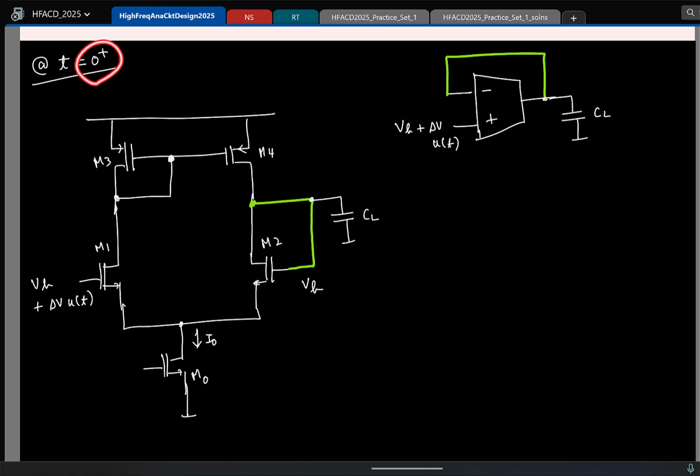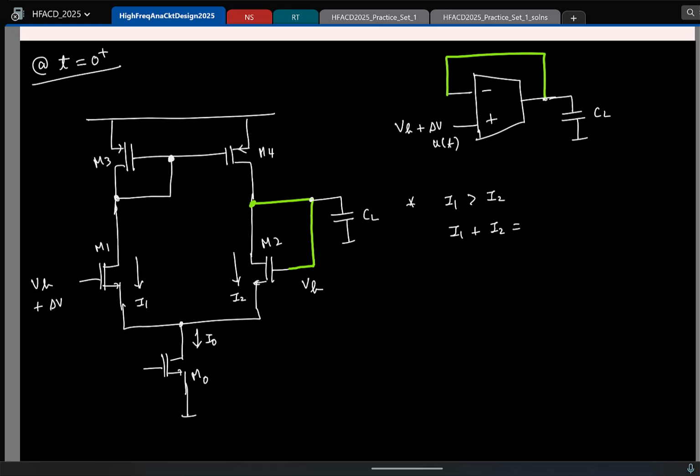Okay, at 0 plus, what is U of t? The unit step, 1. So I'll basically erase this. So now you look at this. M1 has a gate voltage VB plus delta V at 0 plus. M2 has a gate voltage VB. So which of the two currents will be larger? If I call them I1, I2, I1 is going to be greater than I2, assuming delta V is positive, right? But what can you say about I1 plus I2?